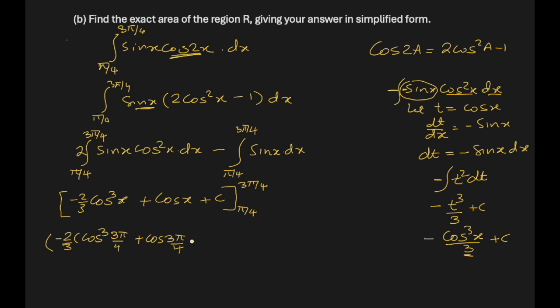Usually people ignore c, but I usually write it because it is part of the equation. Ultimately it will get cancelled out, but still we should write it. Minus 2 over 3 was multiplying only with this, so cos cube pi over 4 plus cos pi over 4 plus c. So this c cancels out with this c. And now we can use our calculator to evaluate the rest.